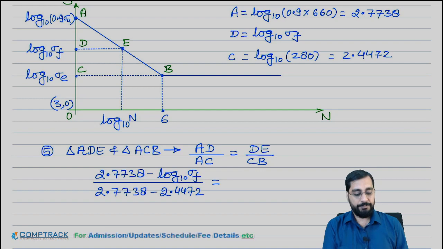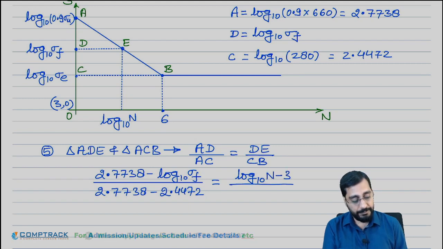DE will be log 10 N minus 3, divided by 6 minus 3.